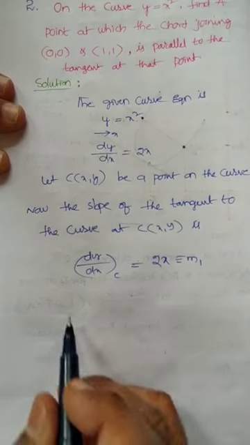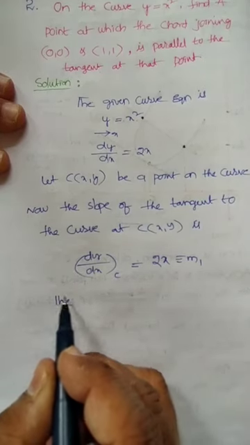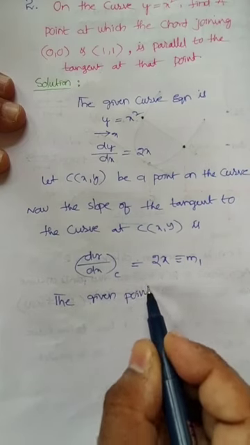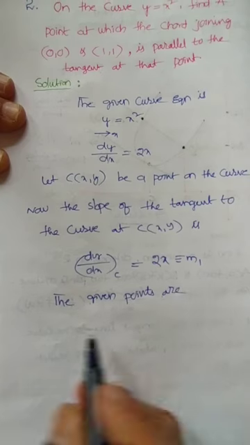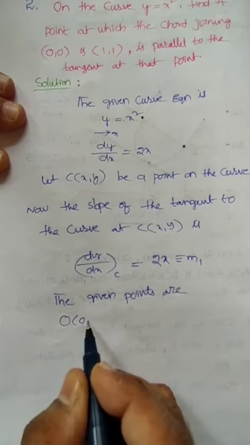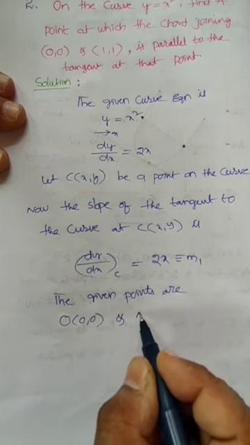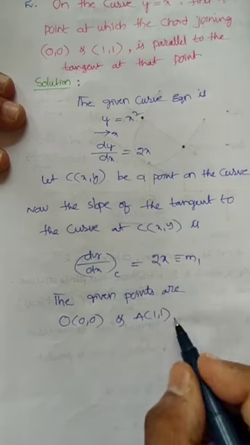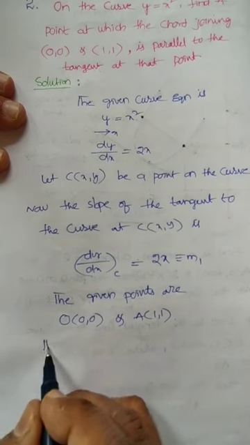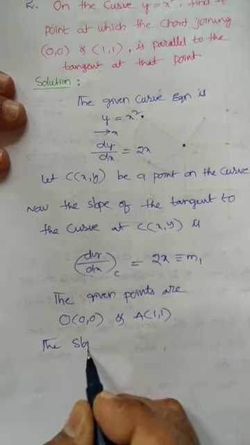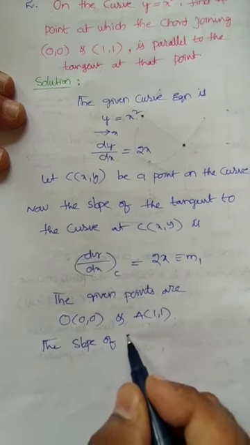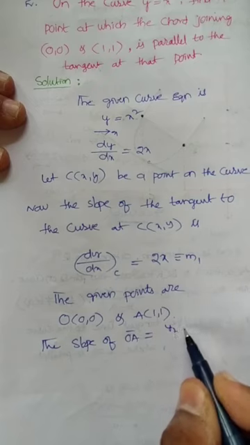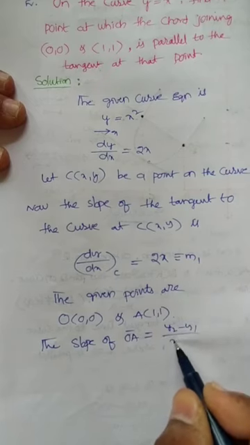The given points are O of 0, 0 and A of 1, 1. Now the slope of OA bar is equals to, what is the formula to find the slope, y2 minus y1 by x2 minus x1.